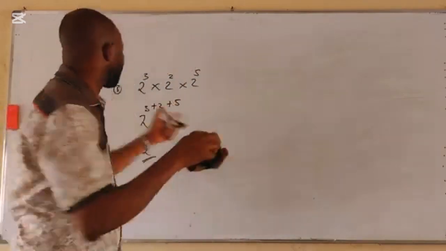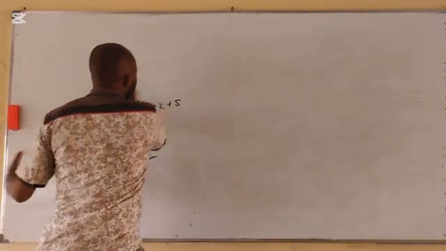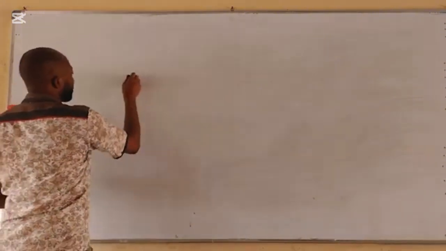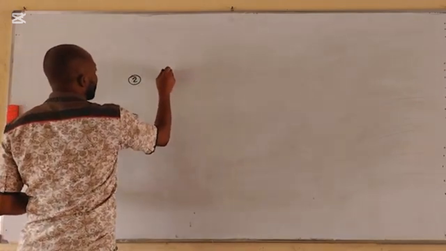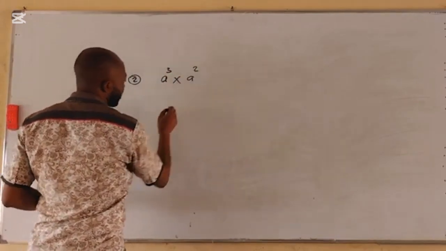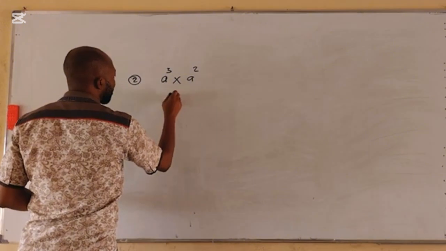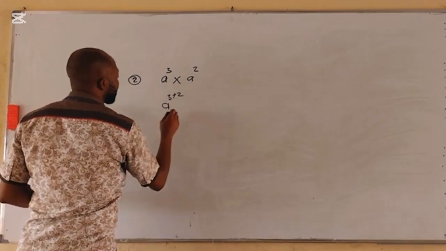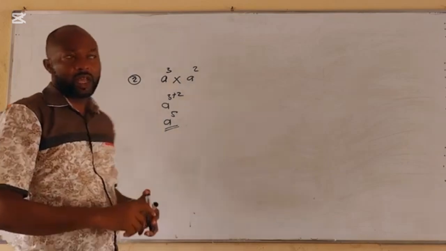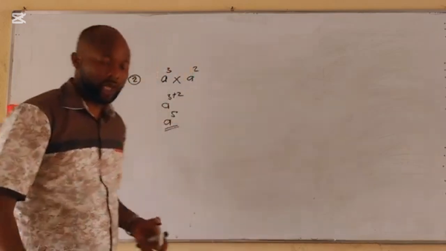Okay, let's take another example aside this. If I have a raised to the power 3 times a raised to the power 2, this will become a raised to the power 3 plus 2, which is a raised to the power 5. The trend continues.